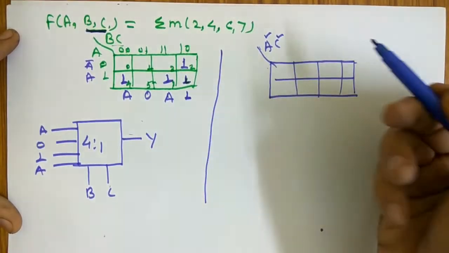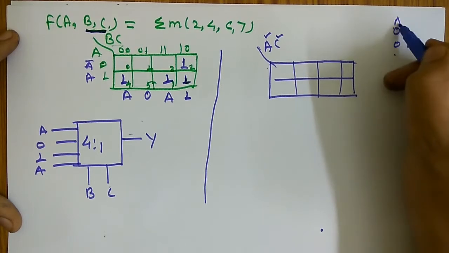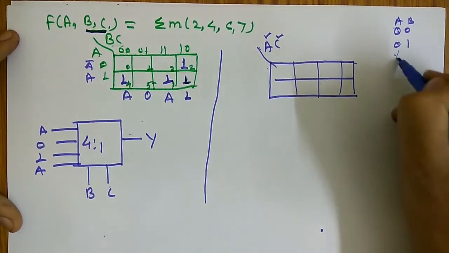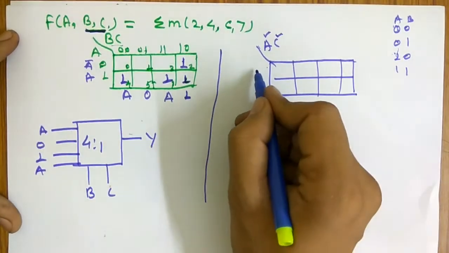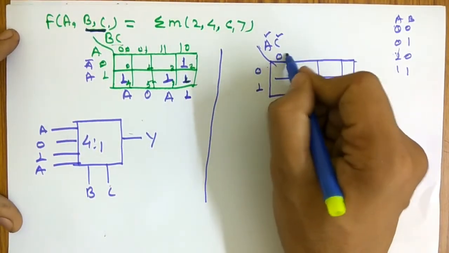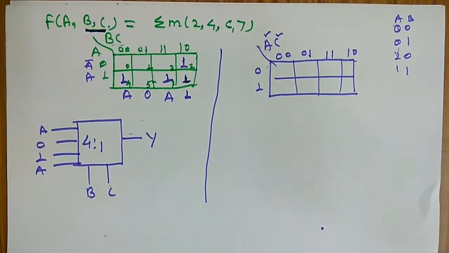When 0 0, 0 1, 1 0, 1 1, this is MSB and this is LSB: 0 1, 0 0, 0 1, 1 1, 1 0. So this is the challenging task for us, how we will write the minterms.